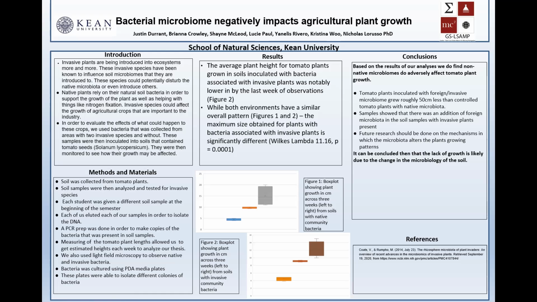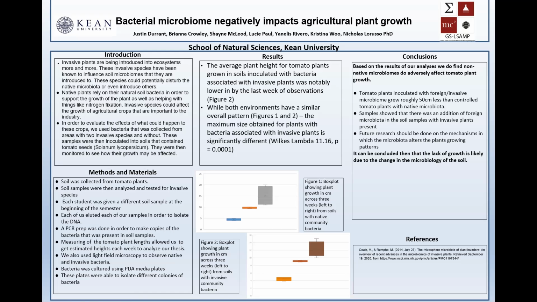So in total, if you averaged all the plants from the native compared to the invasive, the tomatoes with the invasive microbiome grew 50 centimeters less in total than the ones that were native. And yeah, that was fairly alarming. That's something we definitely wanted to highlight.